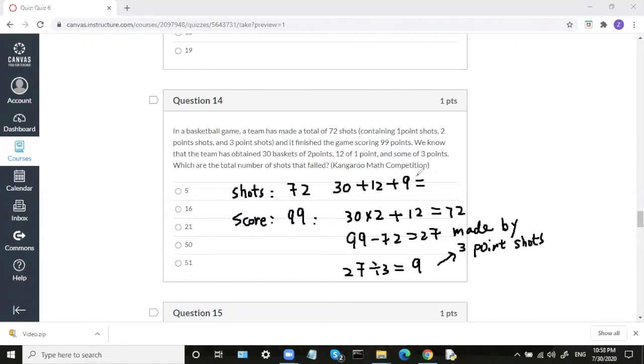So that total is 51. Okay, 51 shots, and the total 72 subtract 51. So 21 shots made no points, so they failed. 21, which is C.